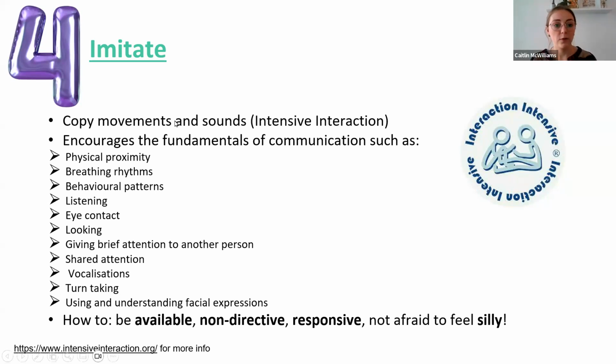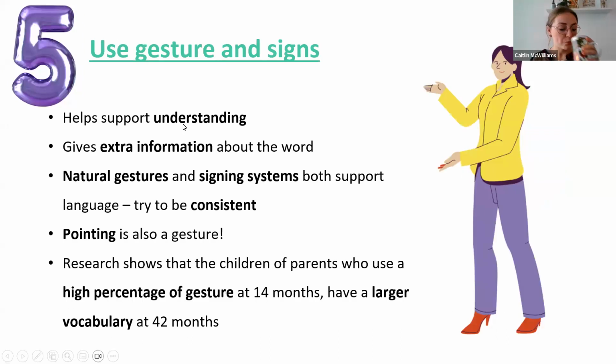Okay, so the 5th strategy is to use gesture and signs. The reason we suggest to do this is because it helps support understanding. And there's loads of extra information that we give without even realizing when we use natural gesture.